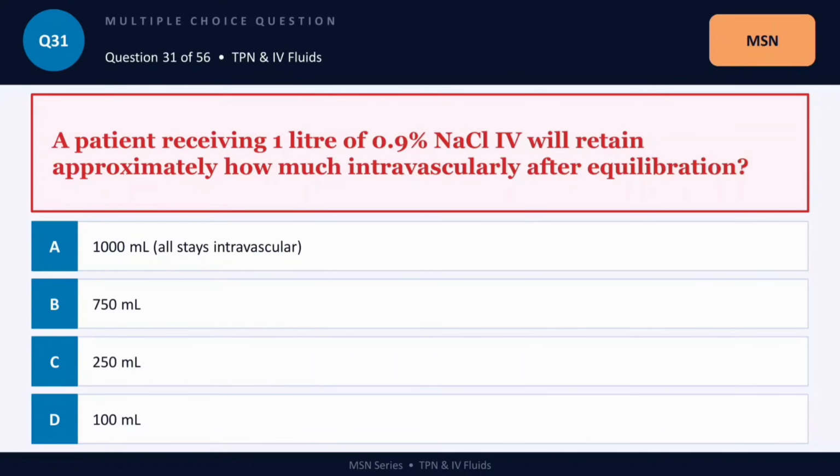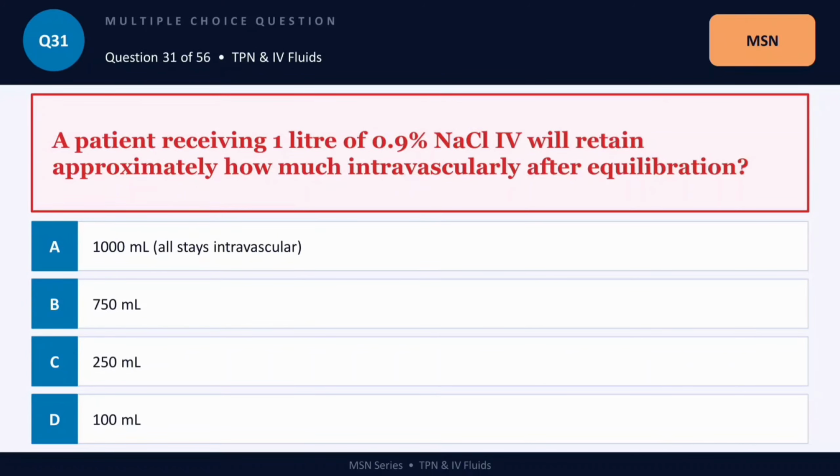Question number 31. A patient receiving 1 liter of 0.9% NS IV will retain approximately how much intravascularly after equilibration? Option A, 1 liter. Option B, 750 ml. Option C, 250 ml. Option D, 100 ml.